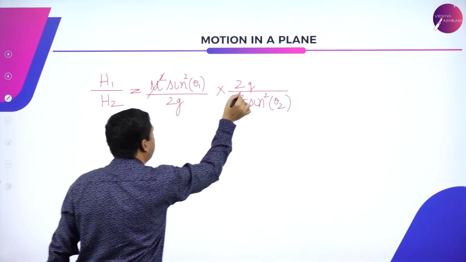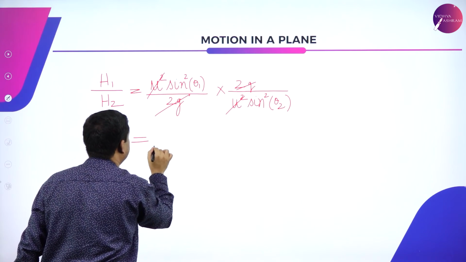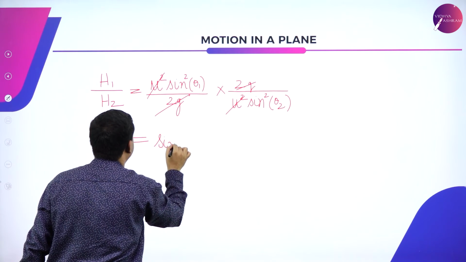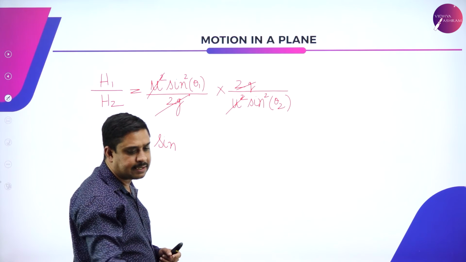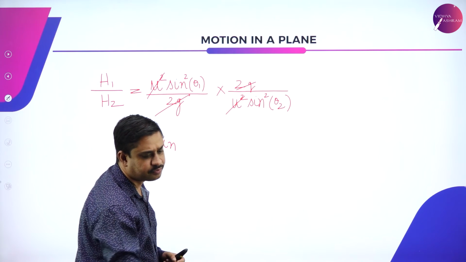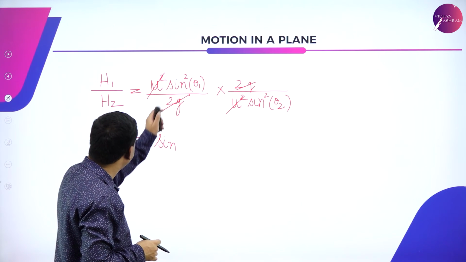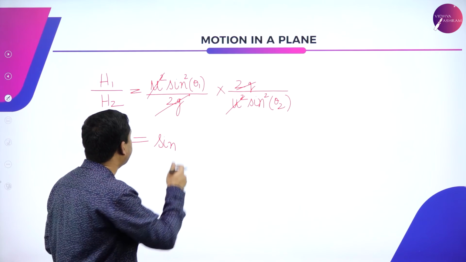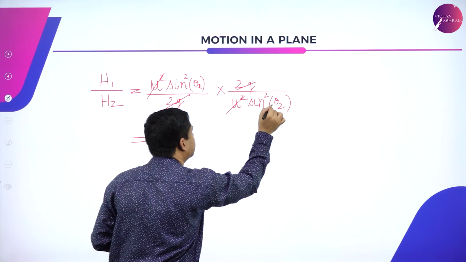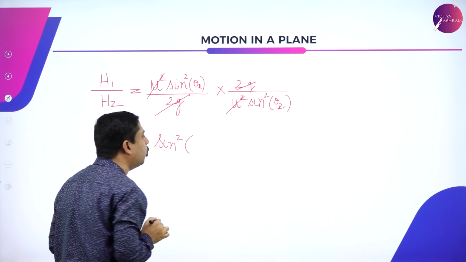So u square gets cancelled. 2g gets cancelled. So on simplification, this is H1 divided by H2. So I take the reciprocal sine square theta 2.